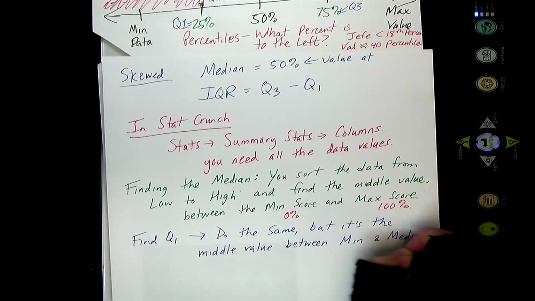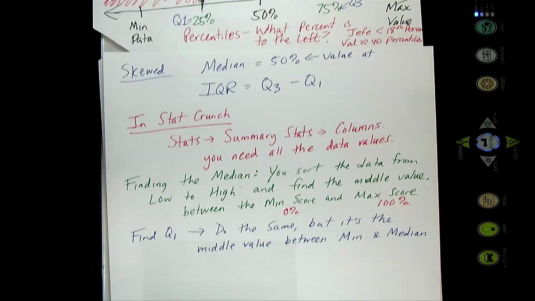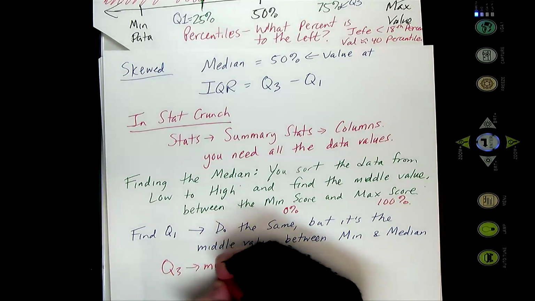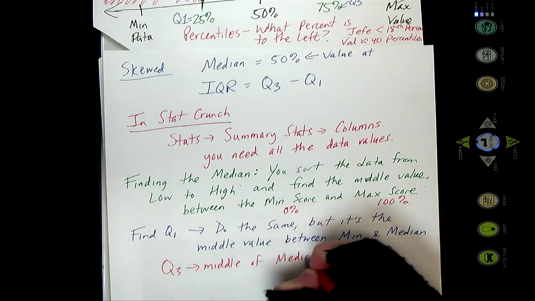You're only going up to the 50% mark. Q3 is the middle between median and max.